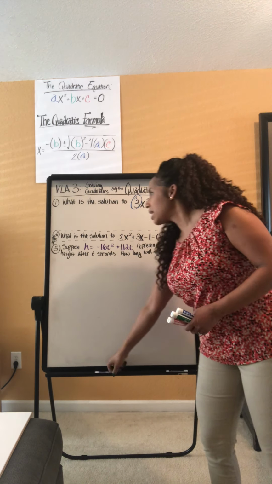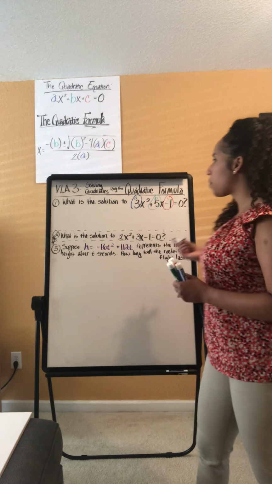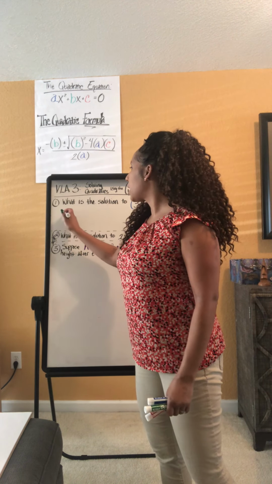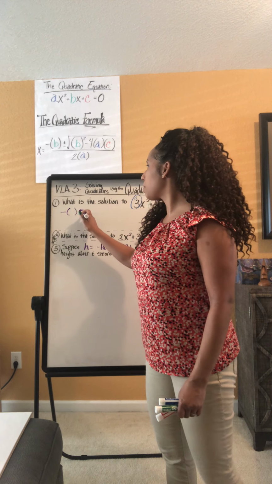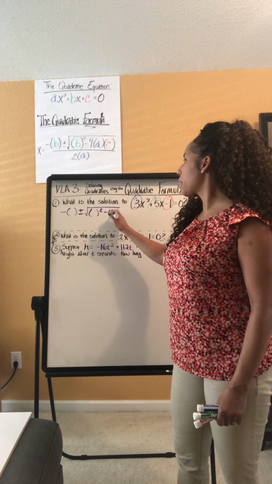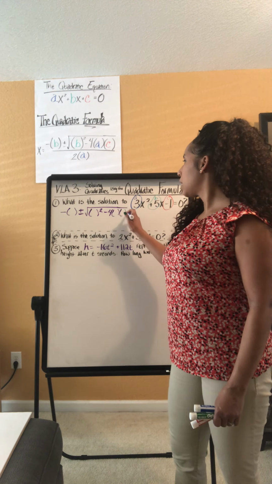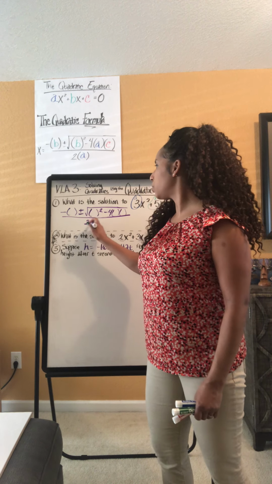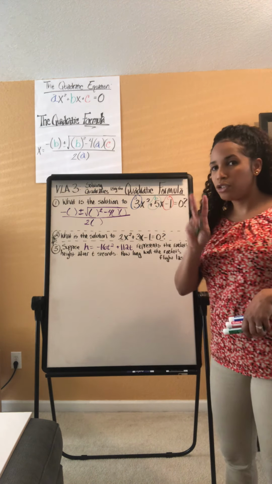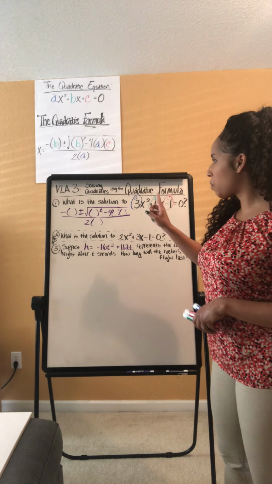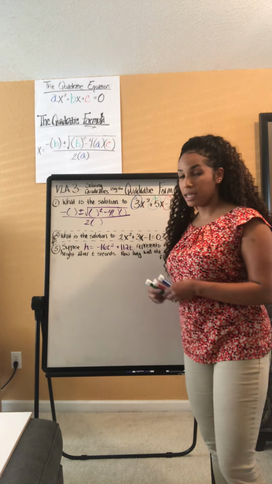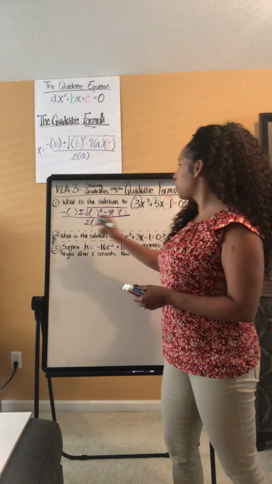Okay? I like to write the quadratic formula with all blanks, and then I fill in my blanks. So I would have negative blank plus or minus the square root of blank squared minus 4 blankety blank all over 2 blank. And in my blanks, I will fill in 2 b's, 2 a's, 1 c. 2 b's, which is the number 5.